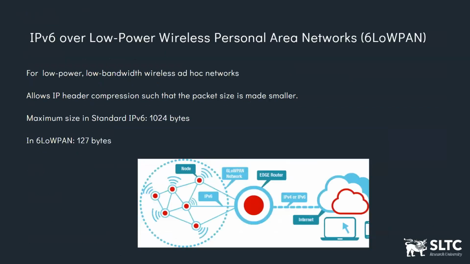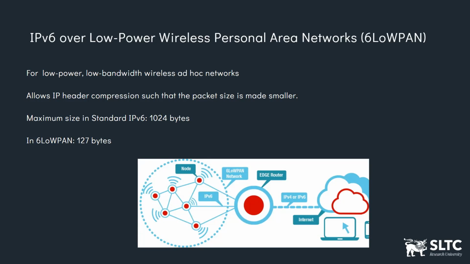Then I would like to talk about the IPv6 over Low-power Wireless Personal Area Networks protocol, known as 6LoWPAN. This protocol is used for low power, low bandwidth wireless ad hoc networks, such as wireless sensor networks, which consume less power and less bandwidth.